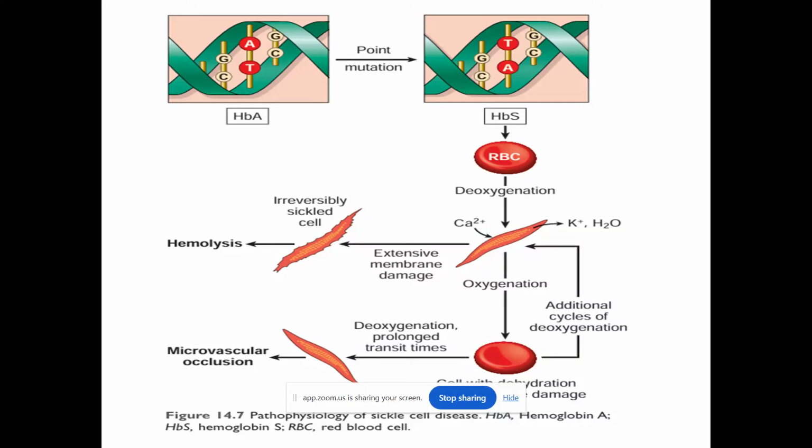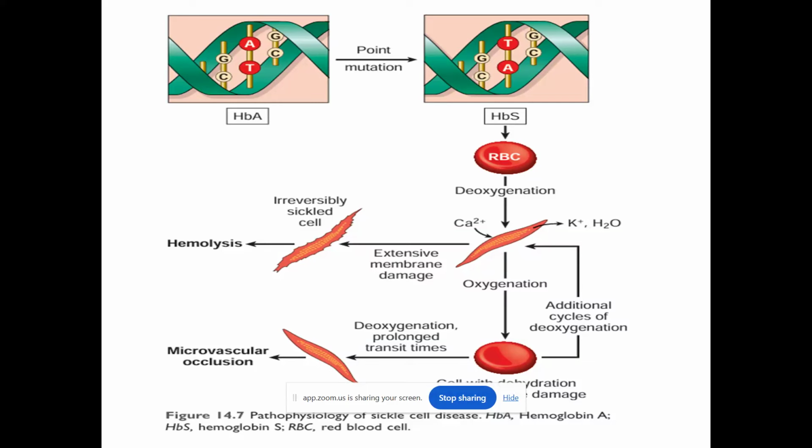Due to this abnormal linear rod-like polymerization of the hemoglobin S, the normal disc-shaped RBCs will change into sickle-shaped red blood cells. So when there is deoxygenation, the normal cells will go for sickle cells.